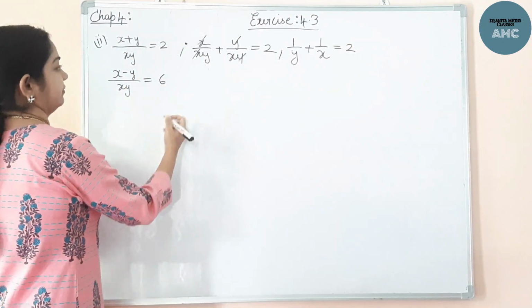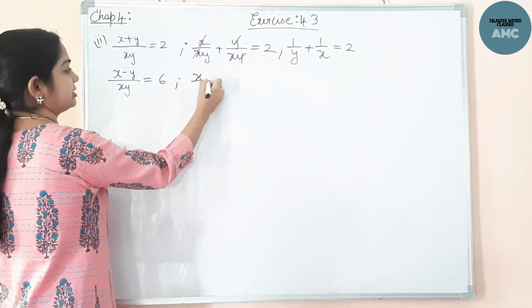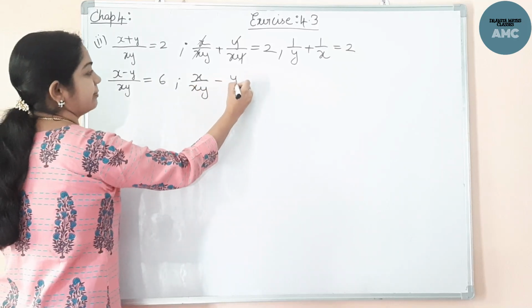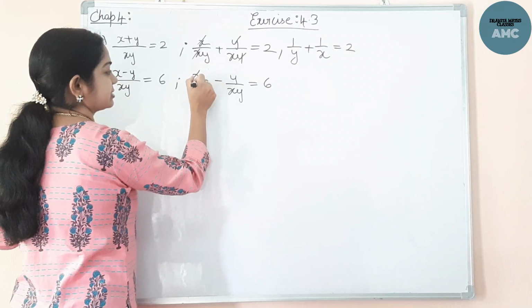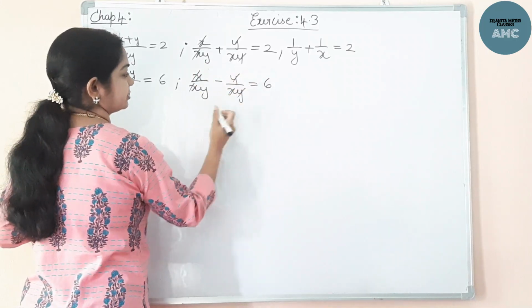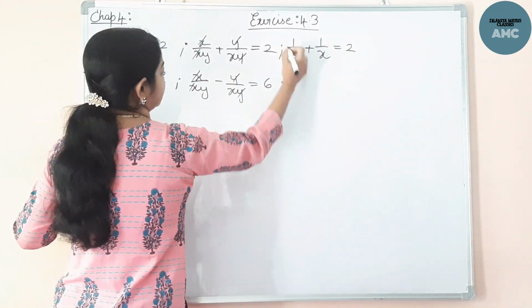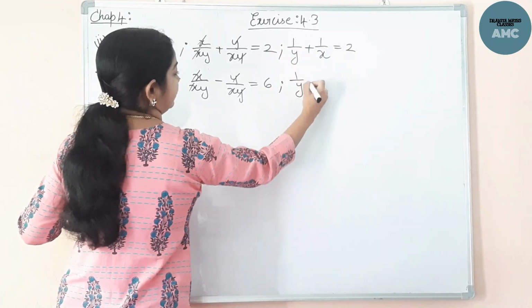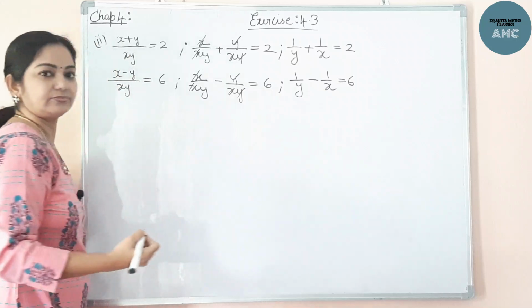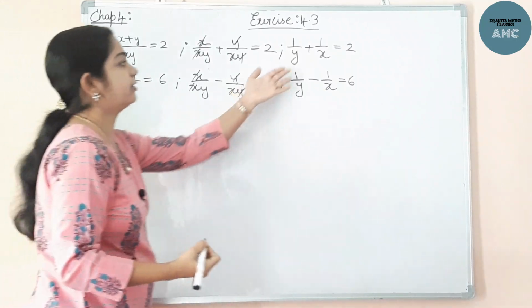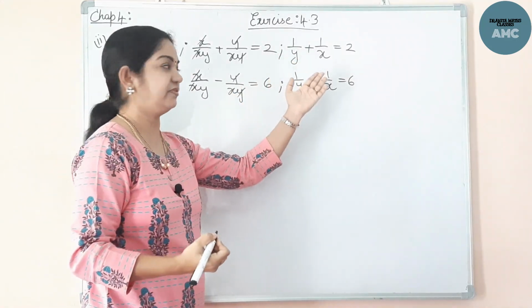Right. Now the second one, we will dissolve this. x by xy minus y by xy equals 6. So again cancel x and x, y and y. So you get 1 by y minus 1 by x equal to 6. Now still they are not linear equations because they are not having degree 1.